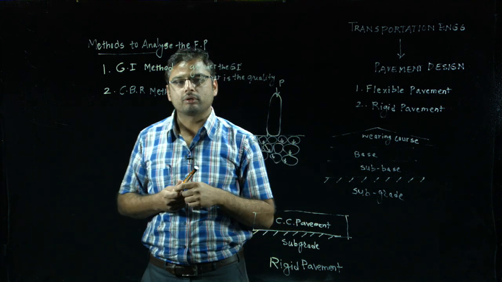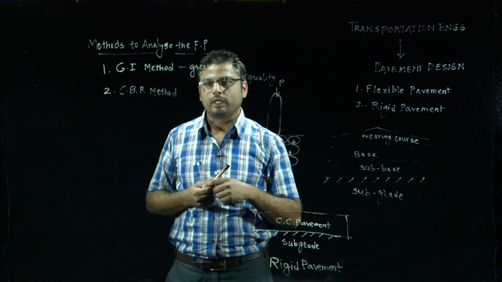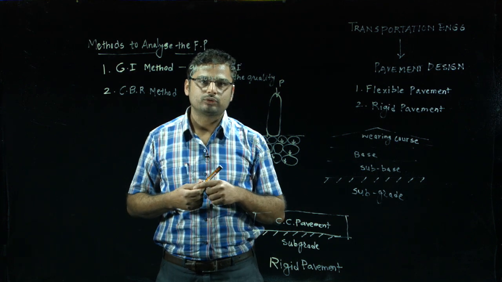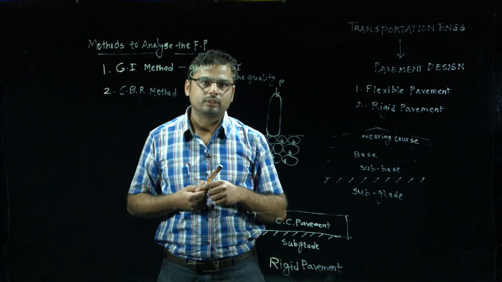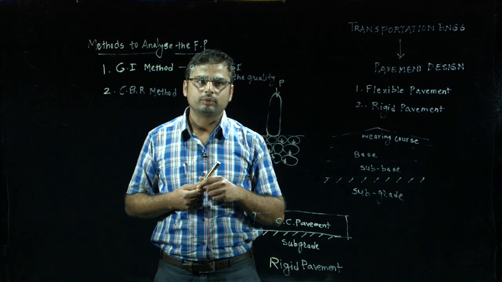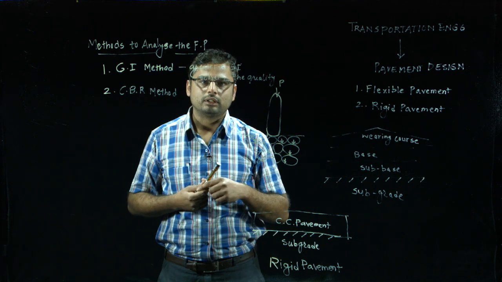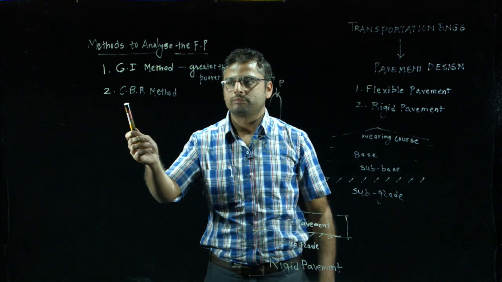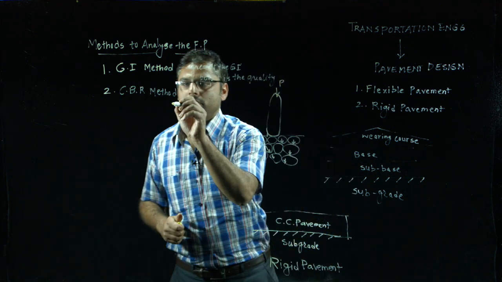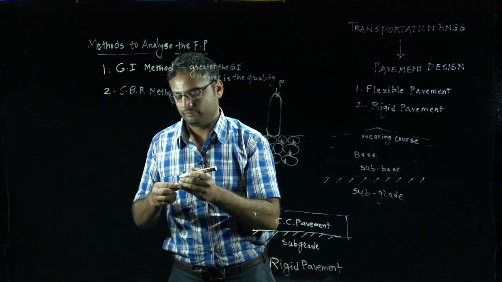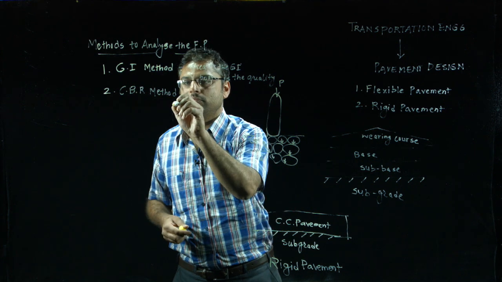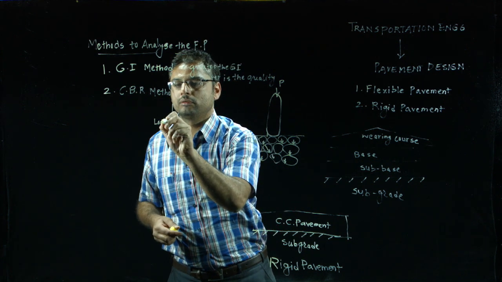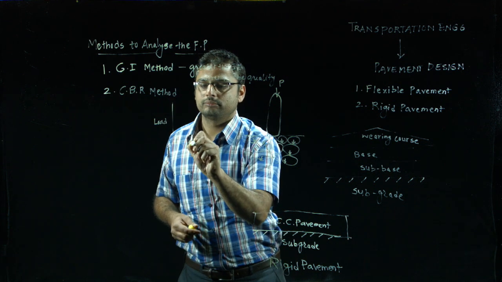Now, in this California bearing ratio method, we test the material on the California bearing ratio apparatus, then we plot a graph between load and penetration.